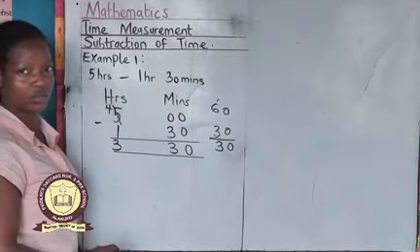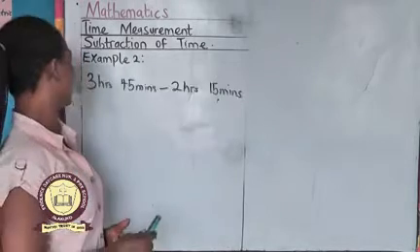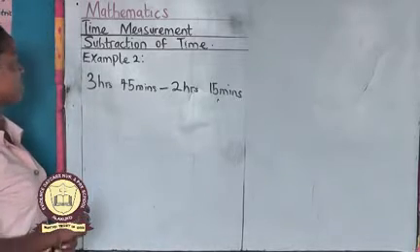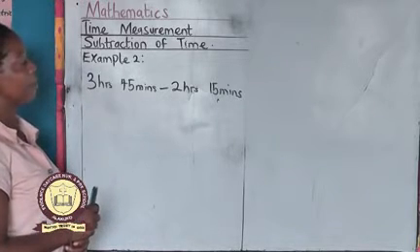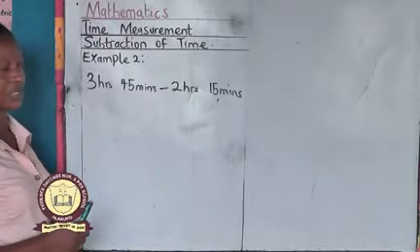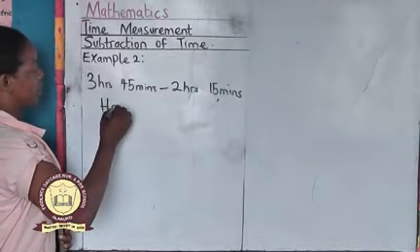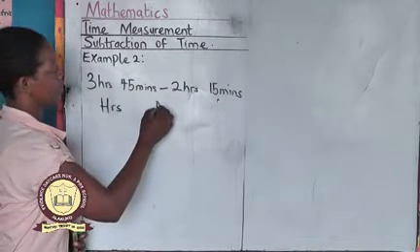I believe you understood. Now let's take the second example. In the second example, we have 3 hours 45 minutes. From it, we are going to take away 2 hours 15 minutes. Now, let's write our hours first, then minutes.